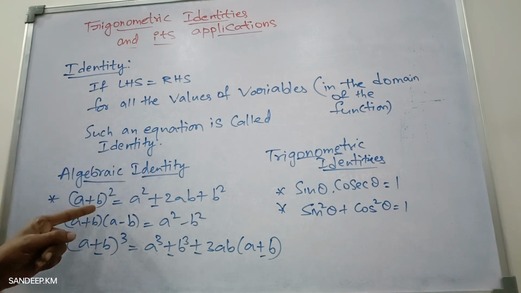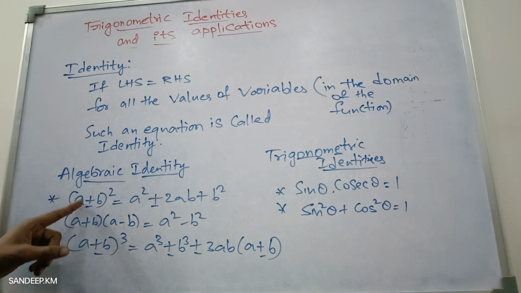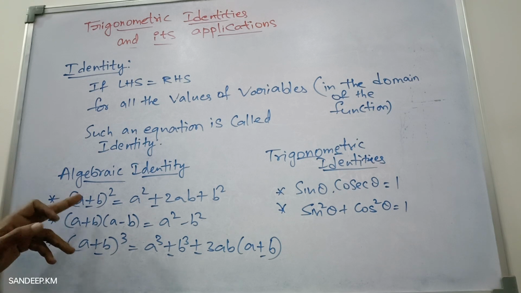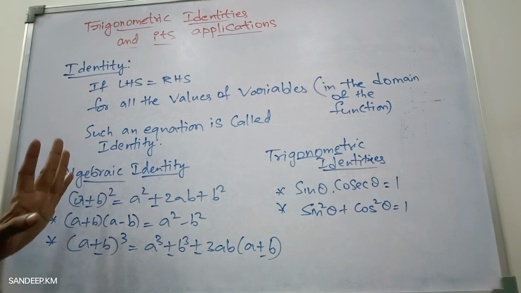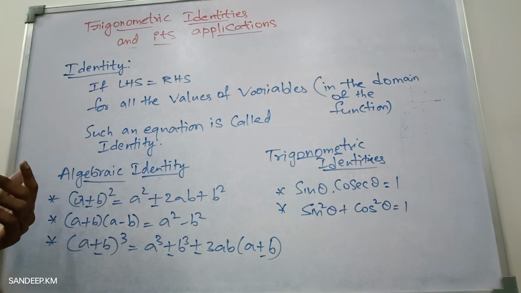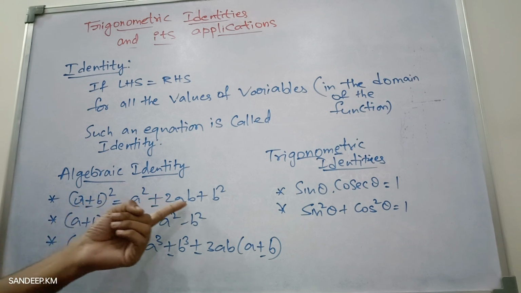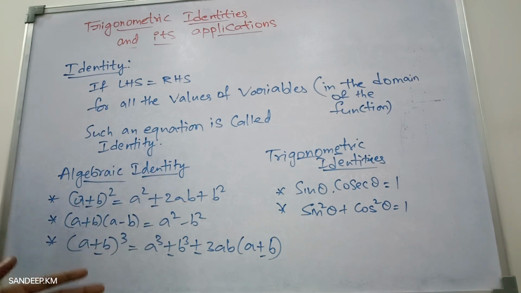In place of a and b, you can substitute any real number. For example, take a as 5 and b as 3. Then (a plus b) whole square means (5 plus 3) whole square, which gives 64. And if you substitute a as 5 and b as 3 in the RHS, the RHS also gives the same value, 64. So LHS is equal to RHS for every value of the variable used here.